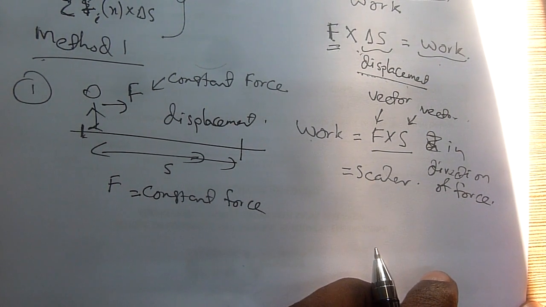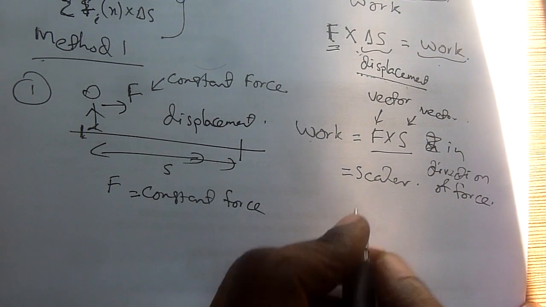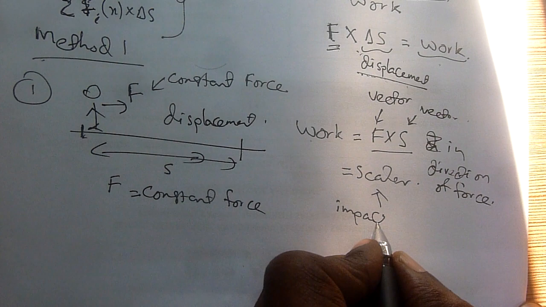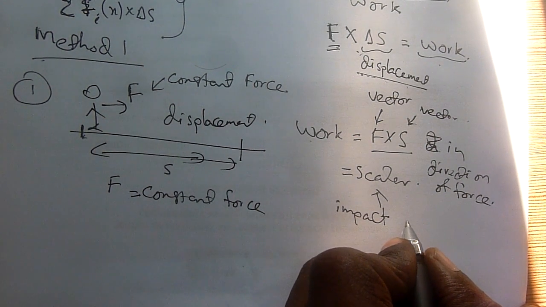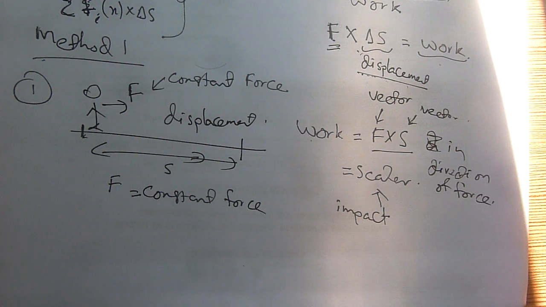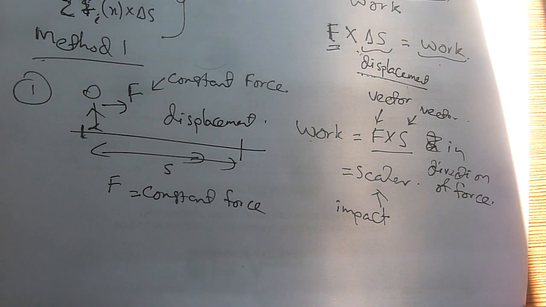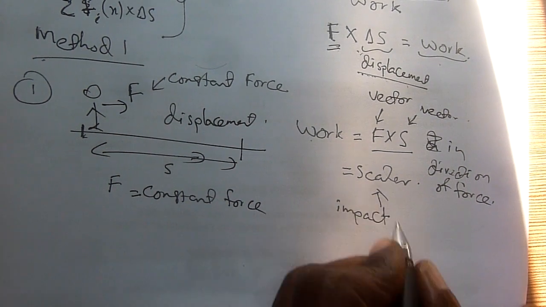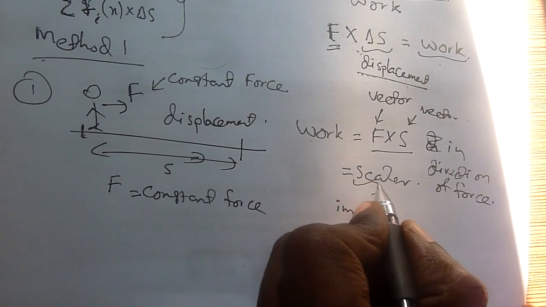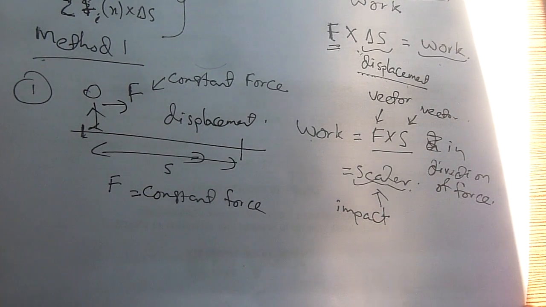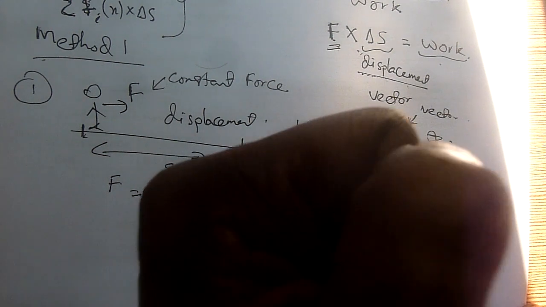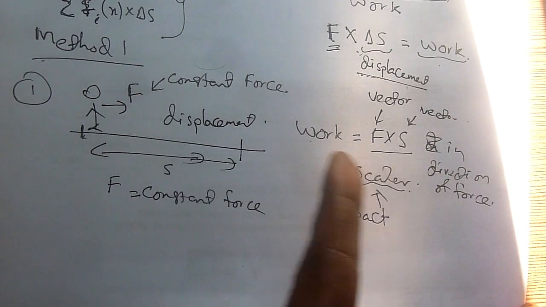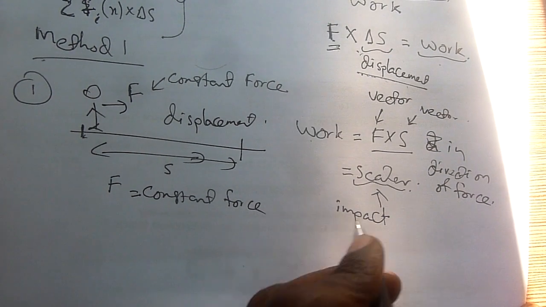The displacement is in one direction, the same. Therefore you are able to calculate the impact of the movement, right? The impact of the work. This value is actually an impact of the work. That means when you knock something, this is an impact. You can see the impact is a work. We will calculate based on the impact.